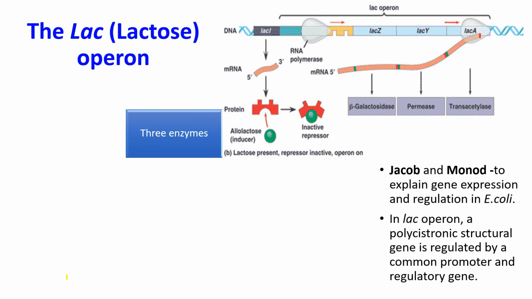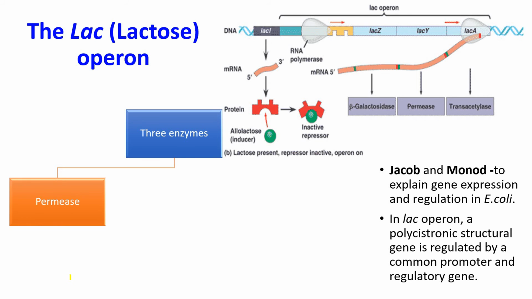Now we study how the Lac operon functions. This was discovered by Jacob and Monod to explain gene expression and regulation in Escherichia coli. The Lac operon has polycistronic structural genes. Why do we call it polycistronic?